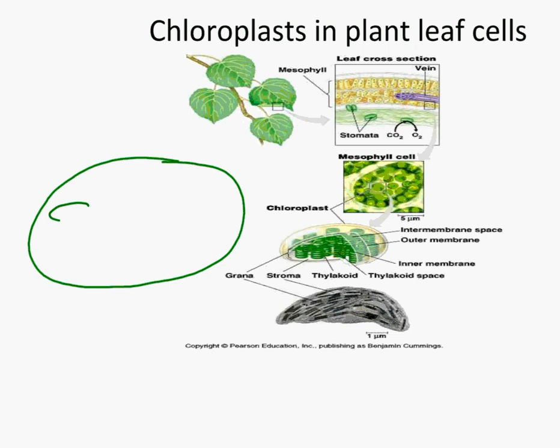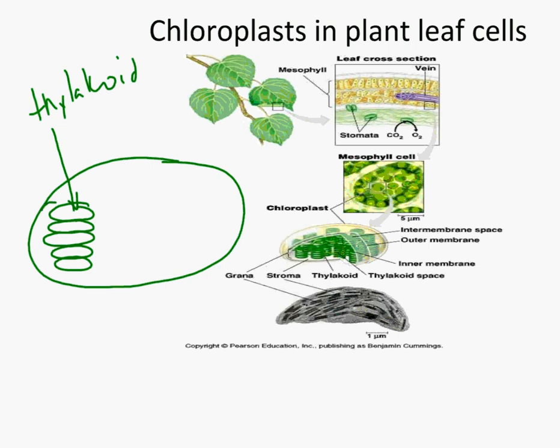And inside the chloroplast are these little discs. Each one of these discs is called a thylakoid. And these thylakoids are where the light-dependent portion of photosynthesis is going to take place, on the membrane of the thylakoid.